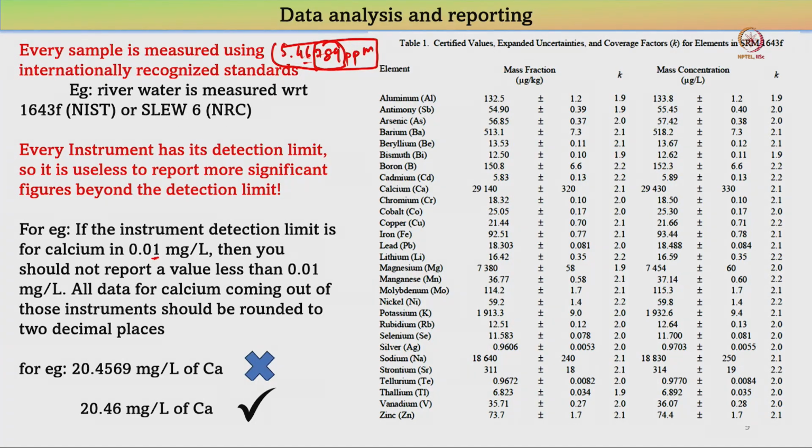If you give 10 numbers after that, it is of no use, because I know that beyond this digit there is no confidence. If you see, this is an example of the certified values of this particular SRM 1643F.